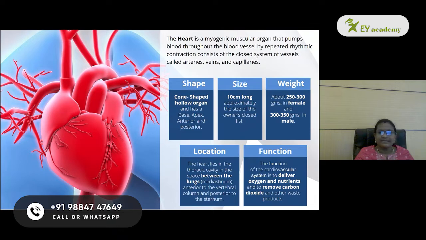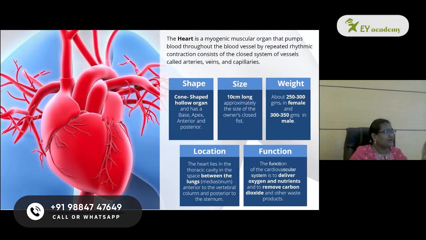Capillaries are the place where your arteries and veins get interconnected. In size, the artery is larger, then the vein, and finally the capillaries.